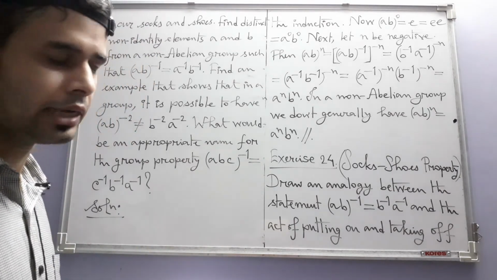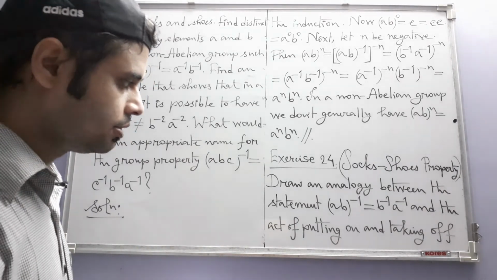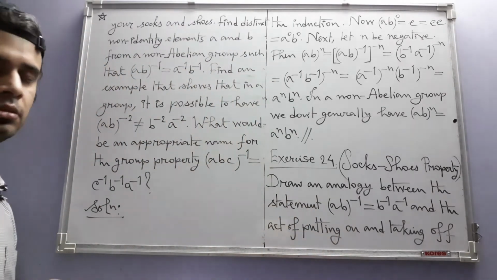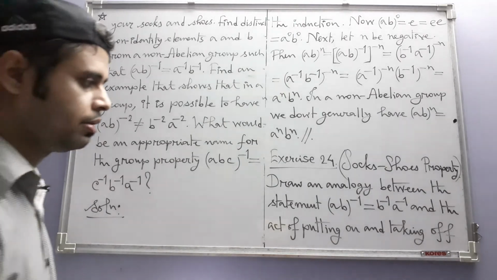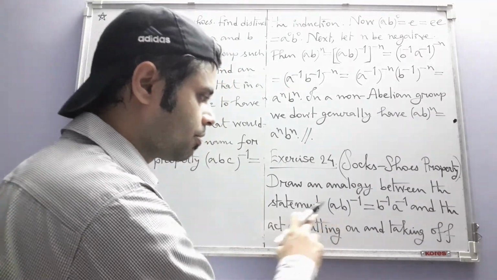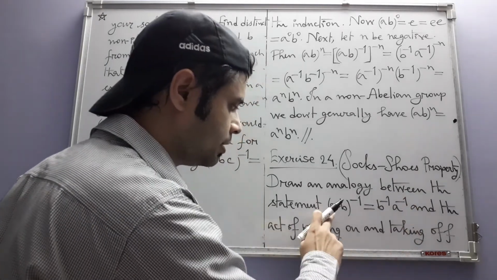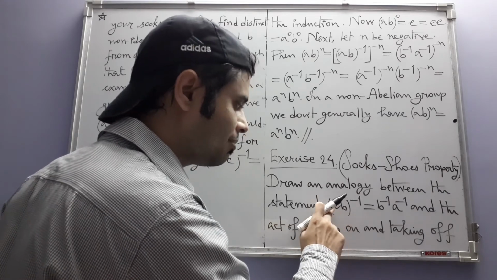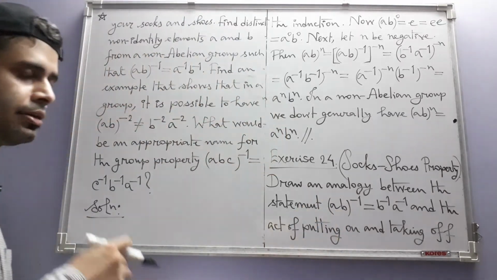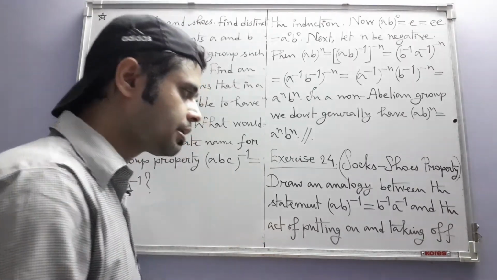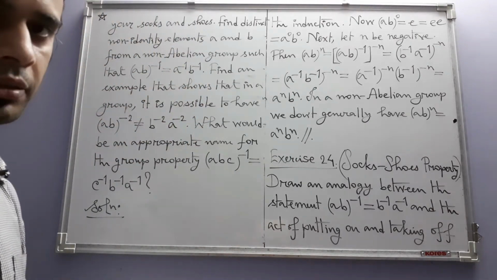You think of B as putting on socks and A as putting on shoes, or for simplicity of thought, let us think of A as putting on socks and B as putting on shoes, and their inverses as taking off those things.